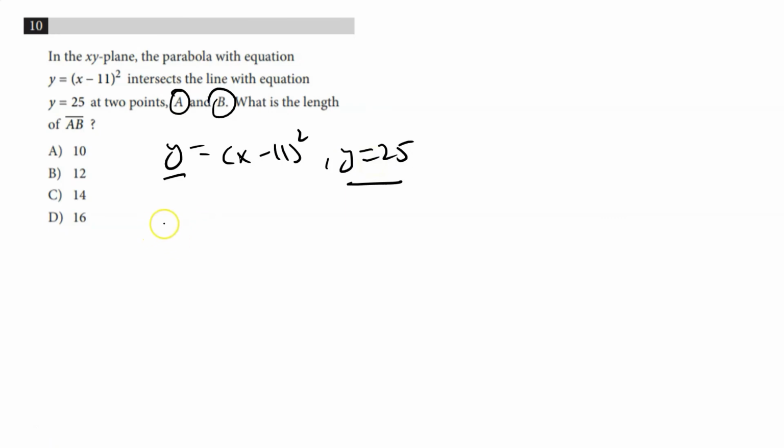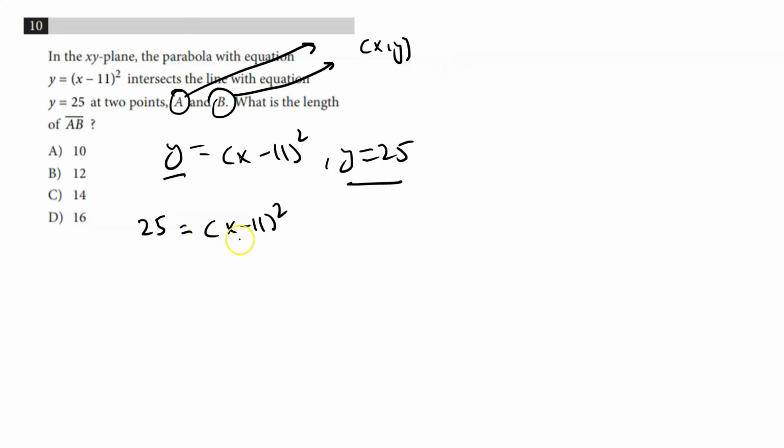So if we do that, we have that 25 equals (x minus 11) squared, and we want to isolate x because we already have our y value here, and now we need our x value, because note that any point has the form (x, y), like any coordinate pair.